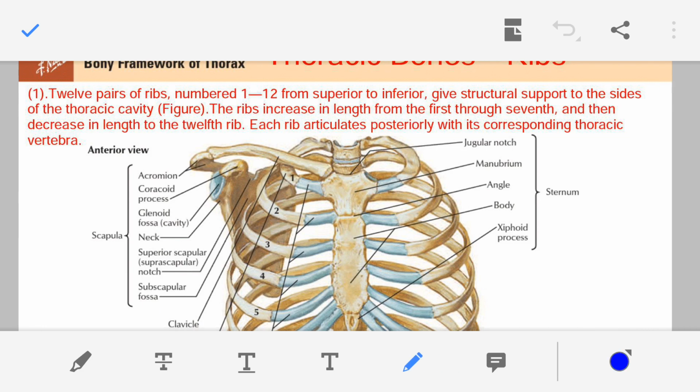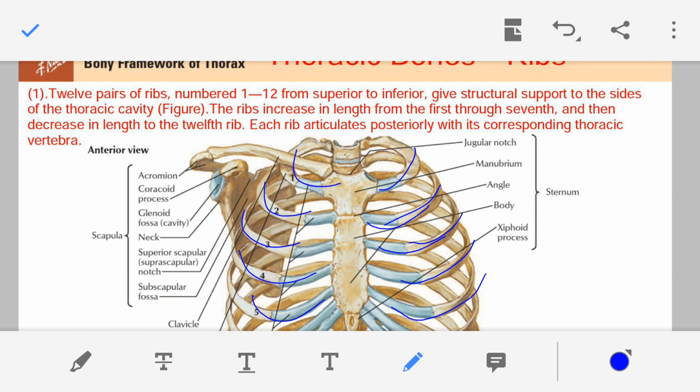With the help of the ribs, the entire rib cage is made, and this rib cage protects the delicate organs like the lungs and the heart in our body.